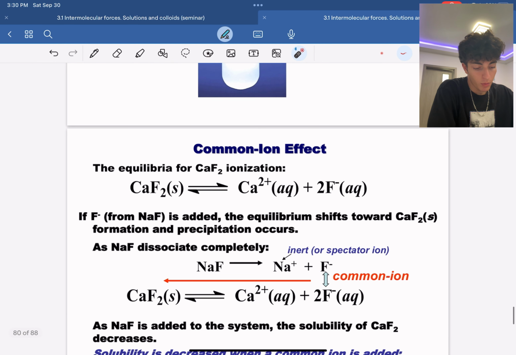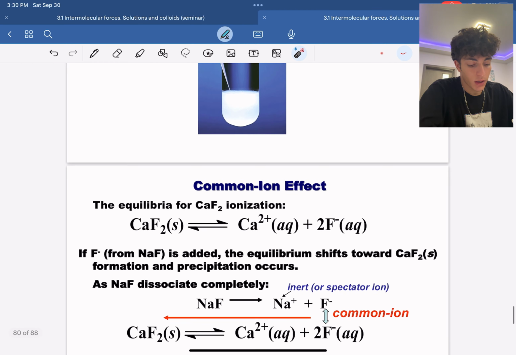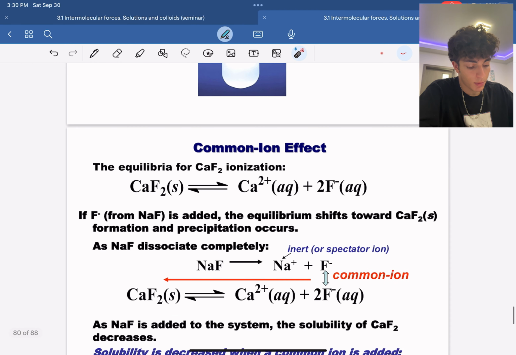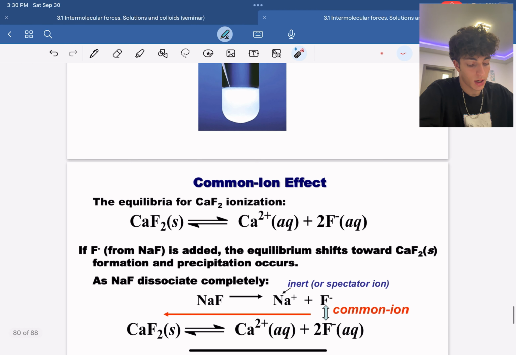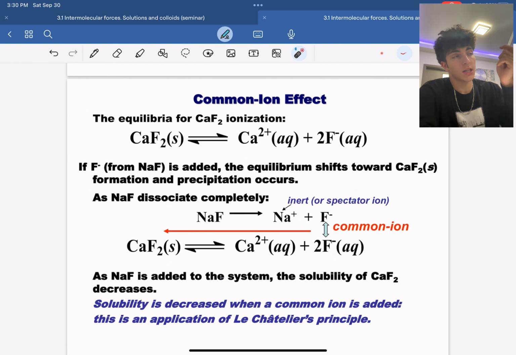Now, moving on to the common ion effect. There's a question in a YouTube video, and I'm going to try to recreate the question here. For example, you have a question asking you to find the molar solubility and the concentration of the solid and stuff like that.